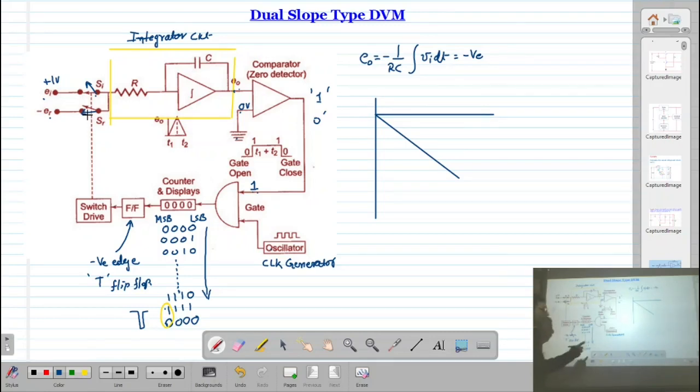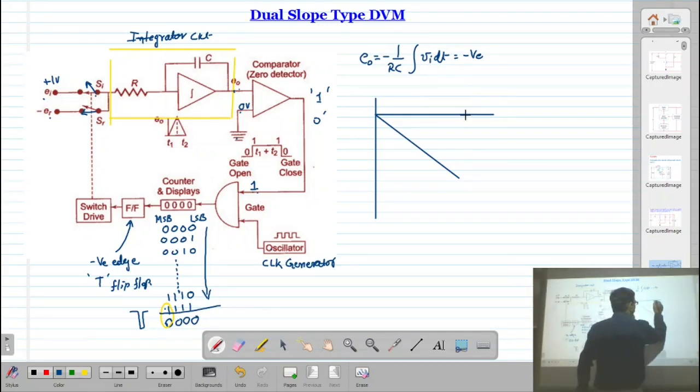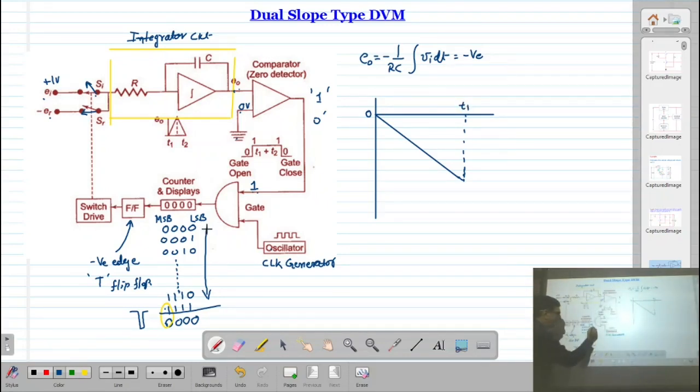So here the output voltage will go on increasing till the counter is 1 1 1. For this, let us say we require a time period of T1. This is 0, and this time period is T1. Whatever the time required from 0 0 0 to 1 1 1, that time period is T1.